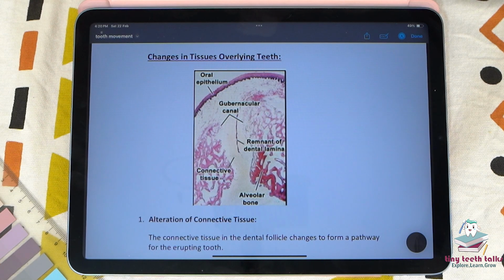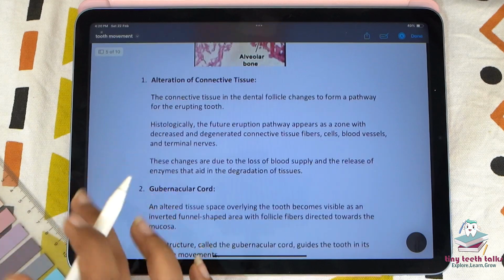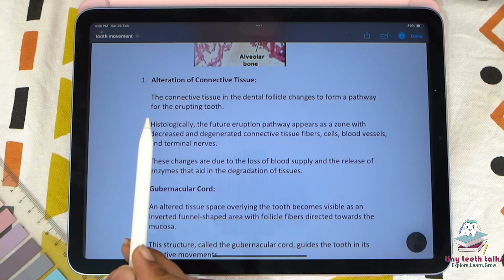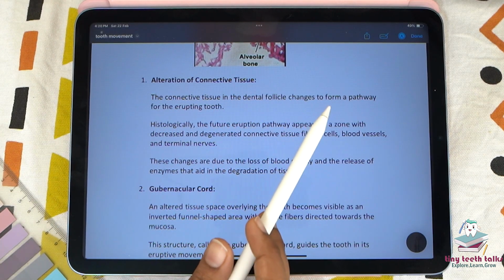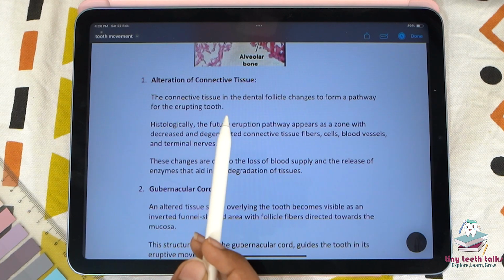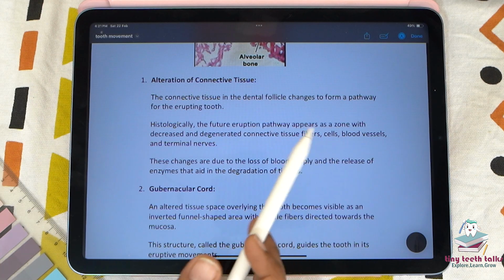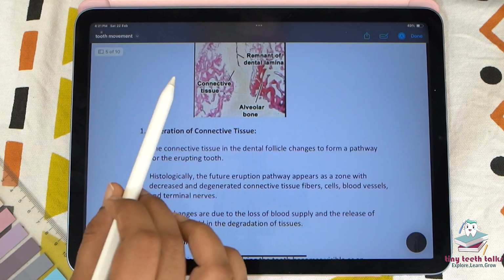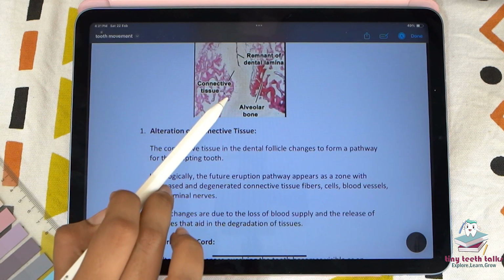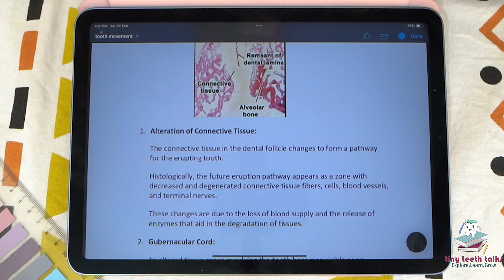During the eruptive stage, there are some changes in the tissue overlying, surrounding, and underlying the teeth. First, the changes in the tissue overlying the teeth. The first is alteration of connective tissue. The connective tissue in the dental follicle changes to form a pathway for the erupting tooth. Histologically, the future eruption pathway appears as a zone with decreased and degenerated connective tissue, fibers, cells, blood vessels, and terminal nerves.